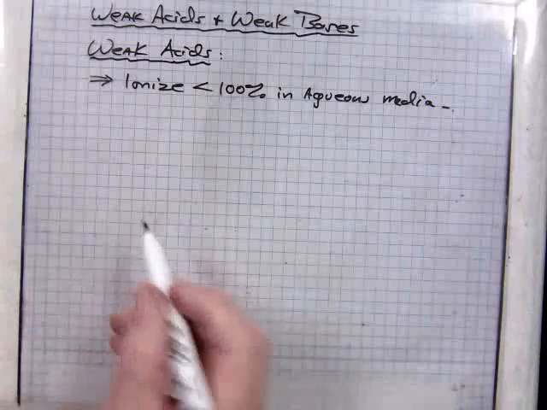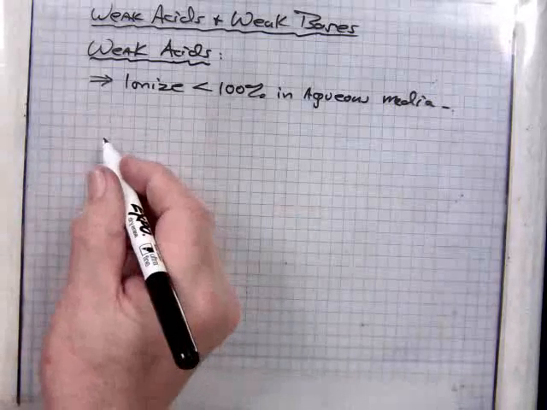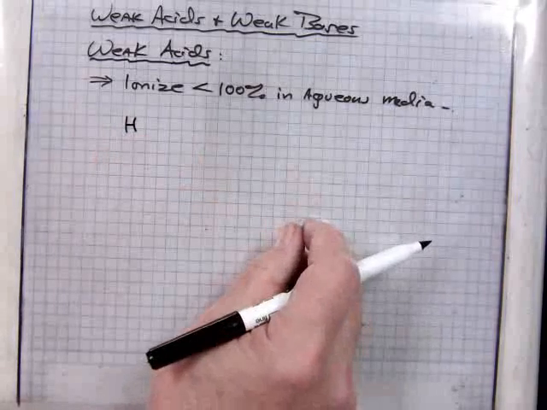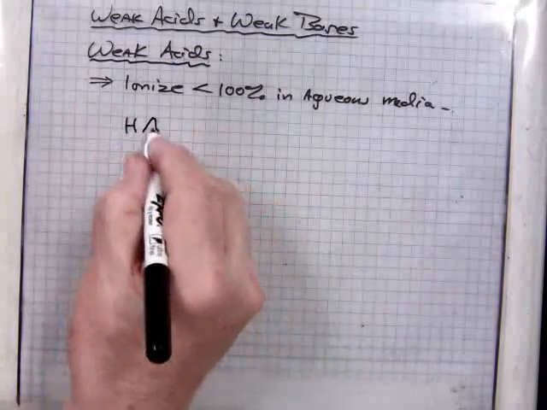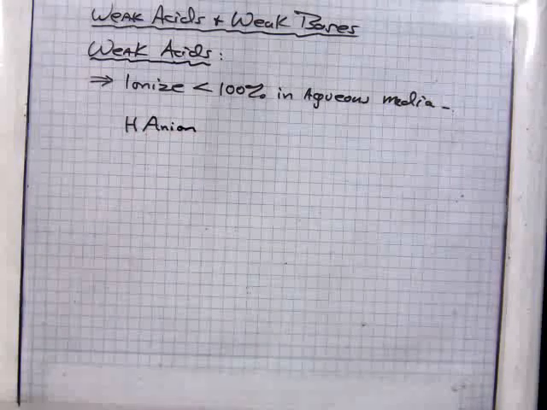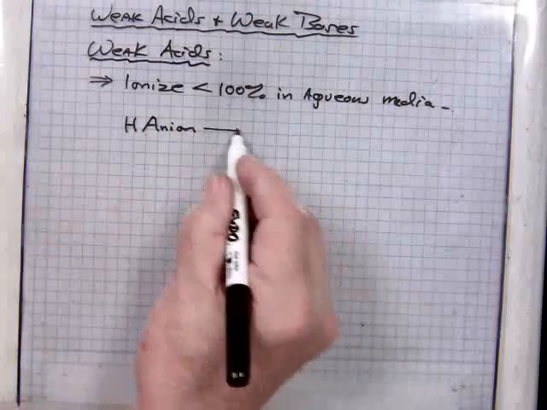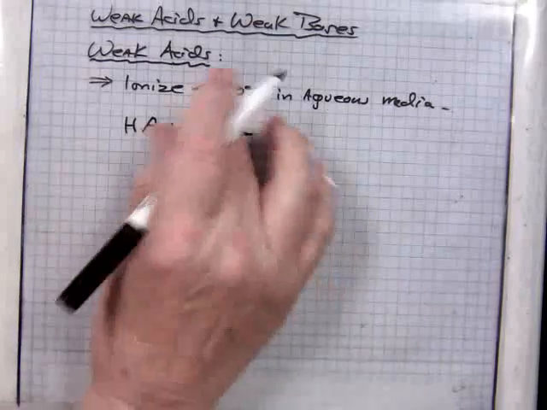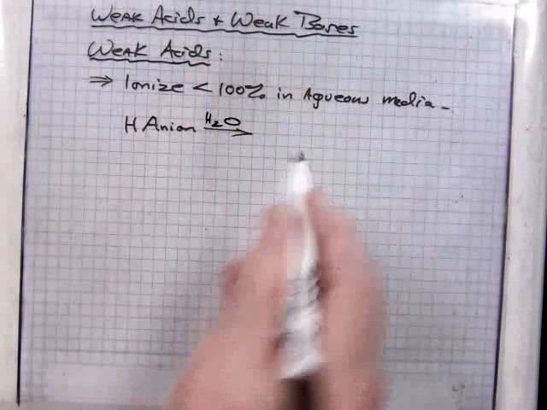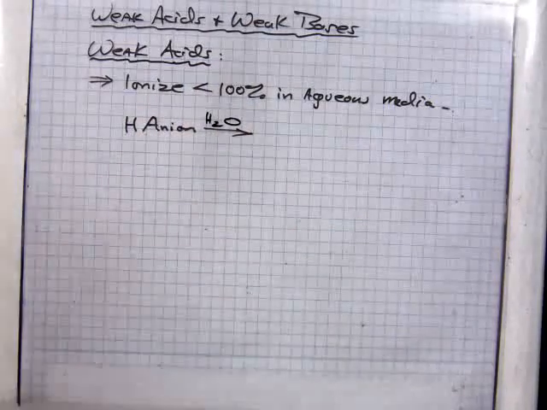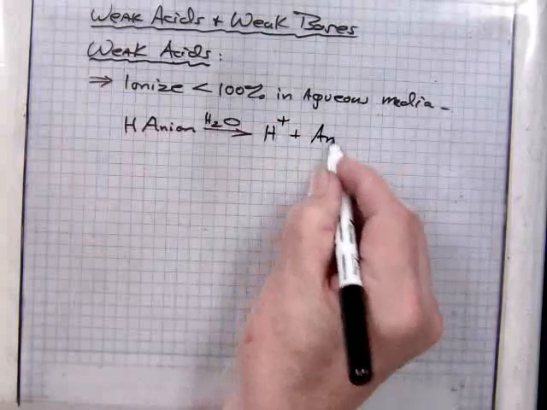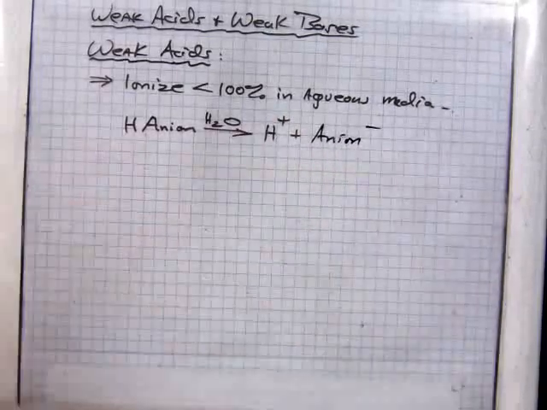Now, the issue with weak acids, we can use a hypothetical in the following way. Say that's the ionizable hydrogen hooked onto an anion. If placed into water, it will start ionizing and go to H plus and anion negative.